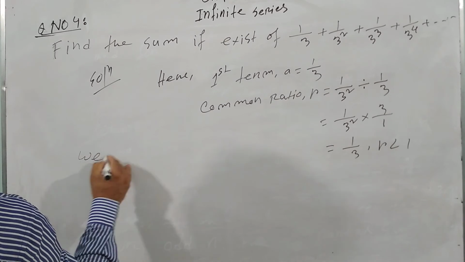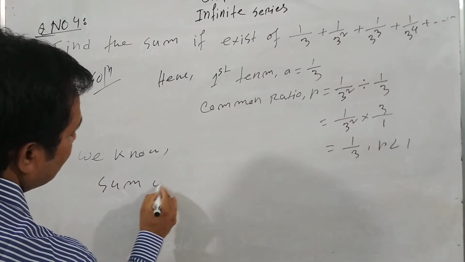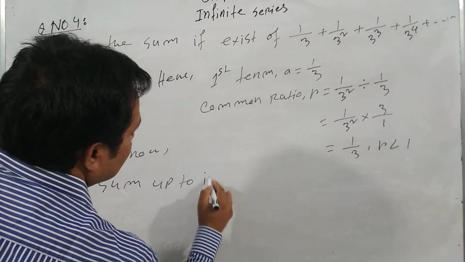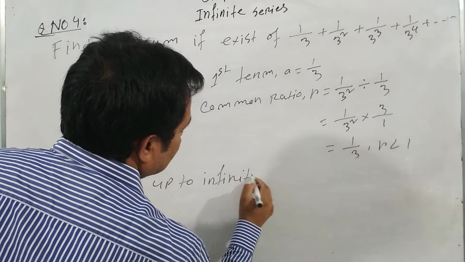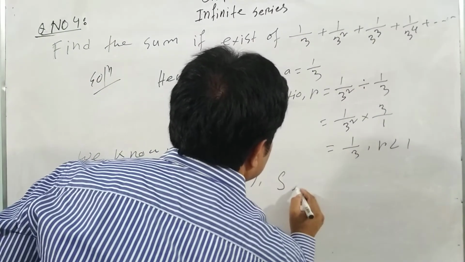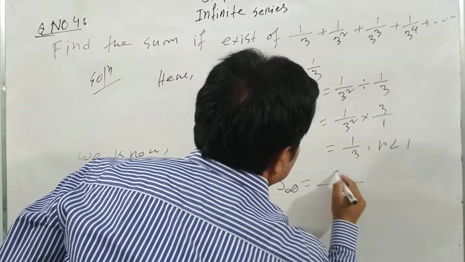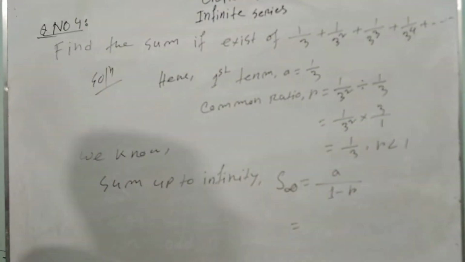We know the formula: sum up to infinity is a divided by 1 minus r. This is the formula.